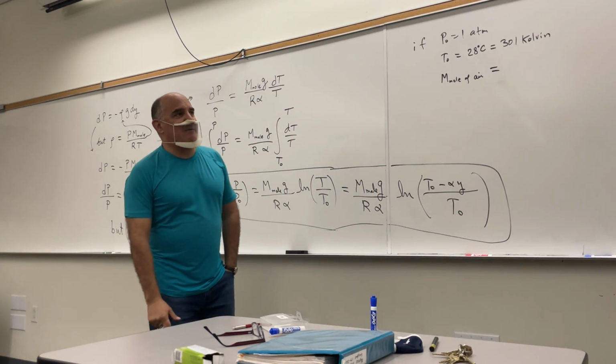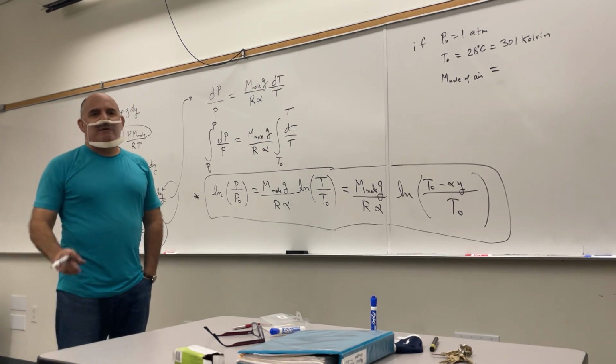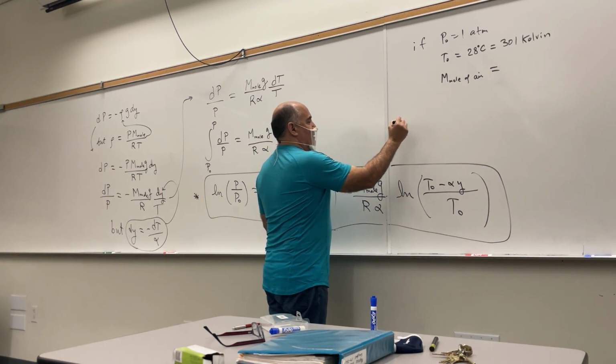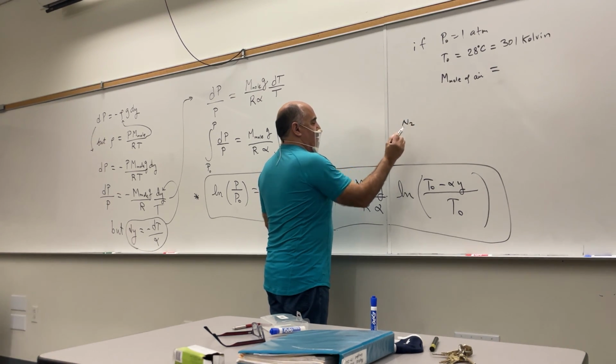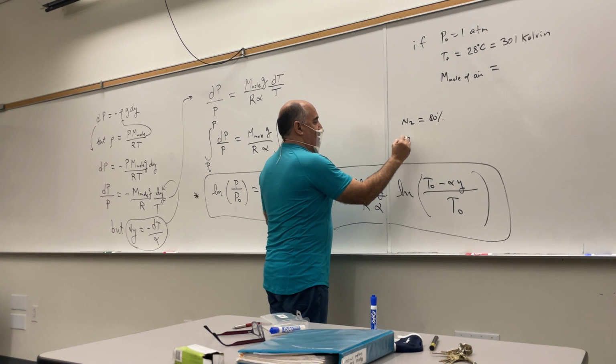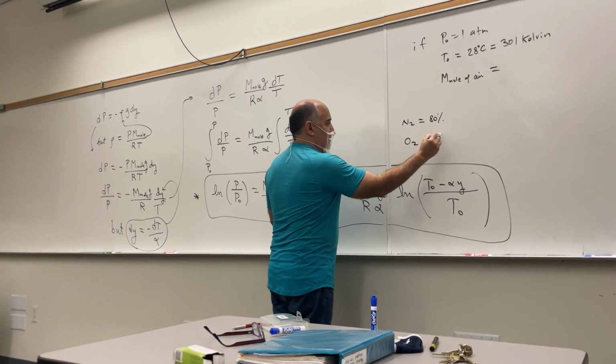Well, air is not H2O, H2O is water. So we have nitrogen, roughly 80%, and oxygen, which is also diatomic, roughly 20%.